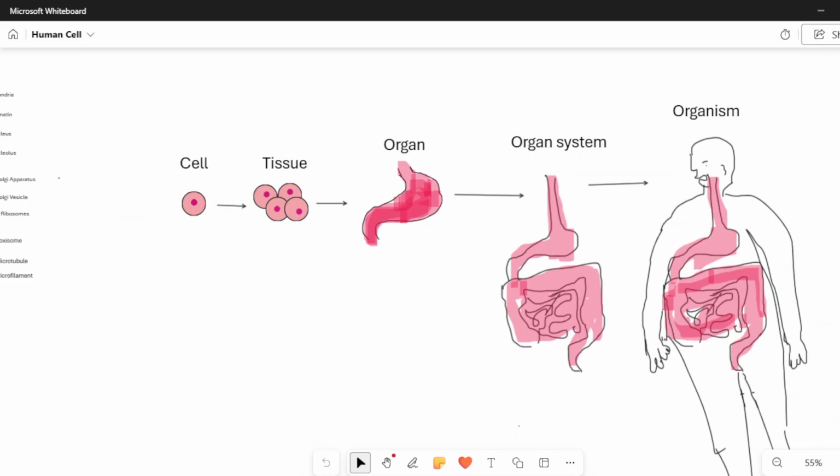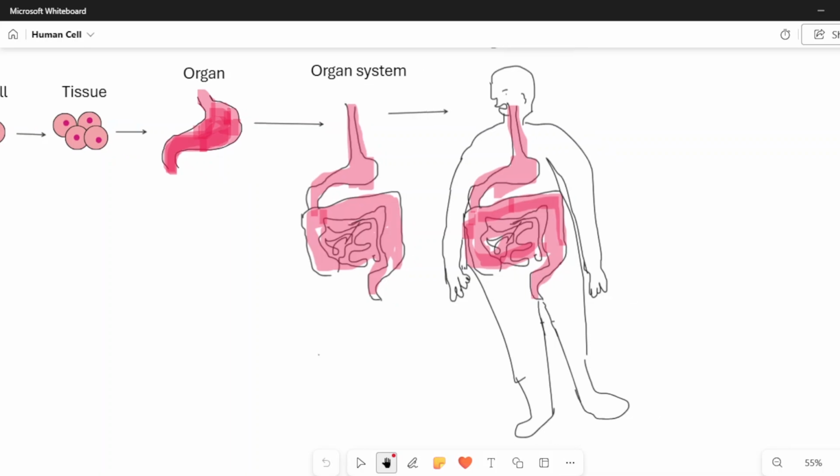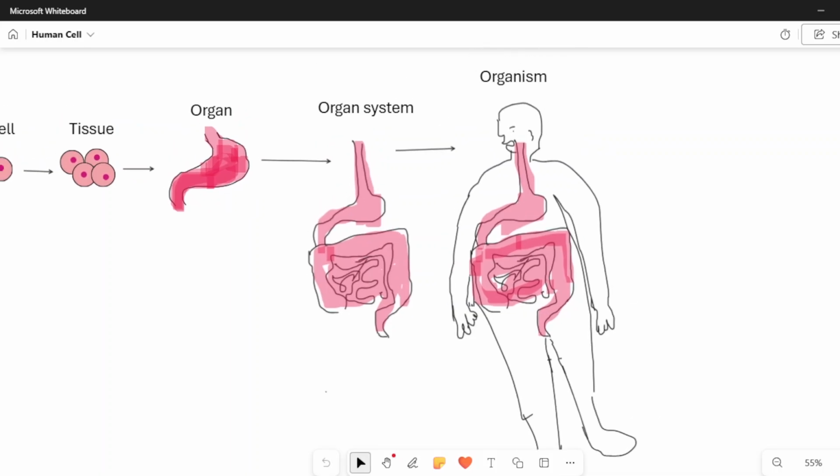Similarly, all the systems were formed and an organism was formed, that is, human beings. We were formed with all different organ systems like our respiratory system, digestive system, nervous system, and circulatory system. All these systems combined together and an organism was formed.